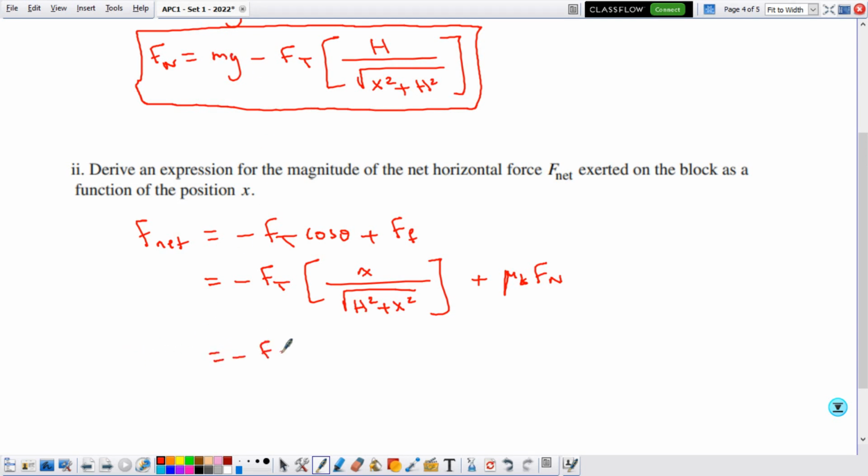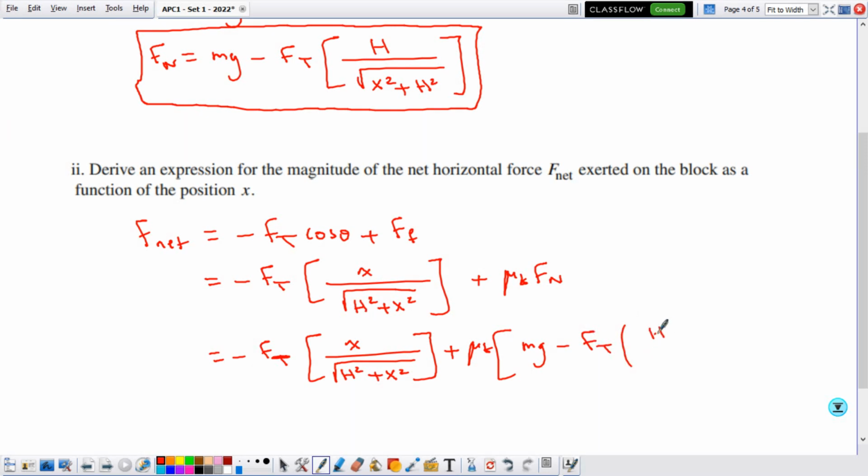Minus Ft multiplied by x divided by radical h square plus x square plus mu k multiplied by Fn, which is basically mg minus Ft multiplied by h divided by radical x square plus h square.